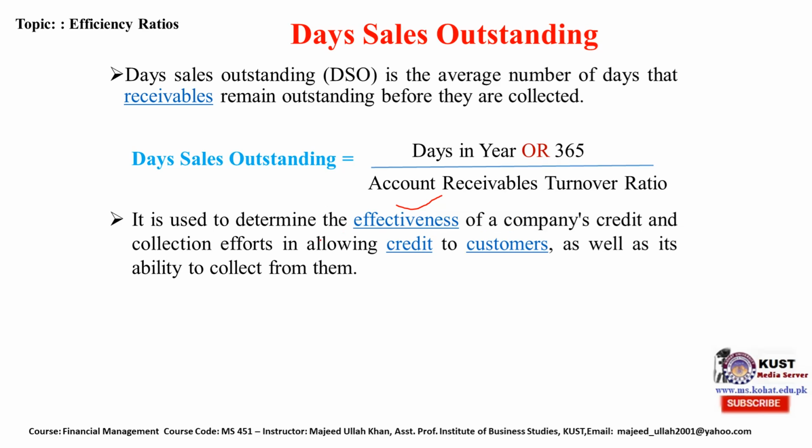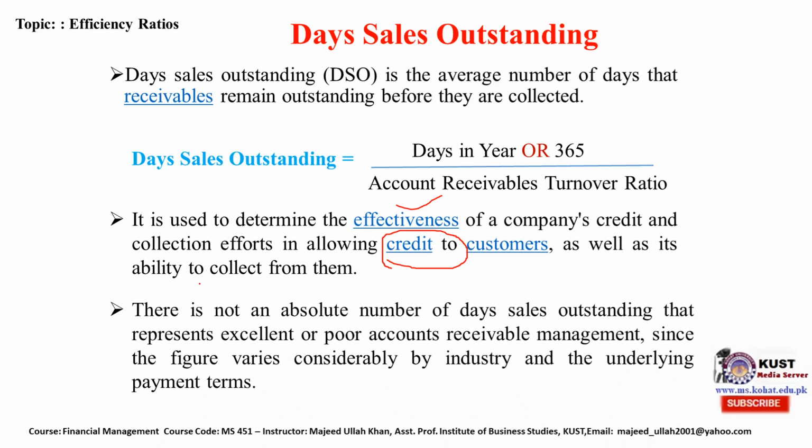How effective it is in collecting the amount from the customer. Secondly, it shows that the company is able and has the capability to collect the outstanding amount from the customer on time.